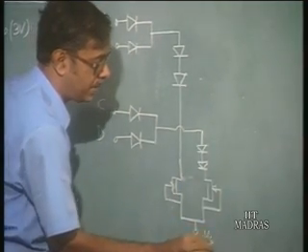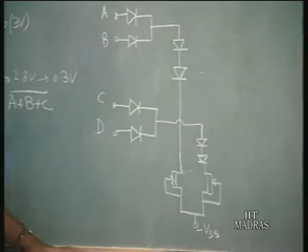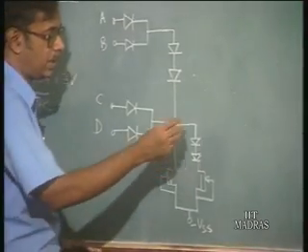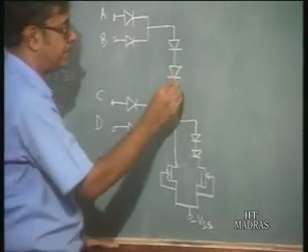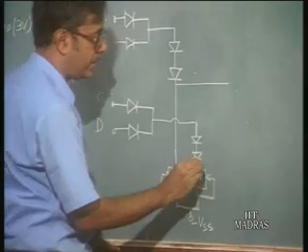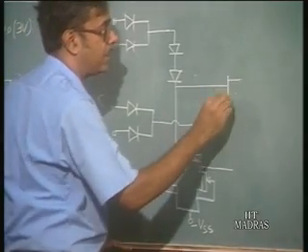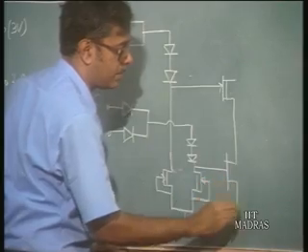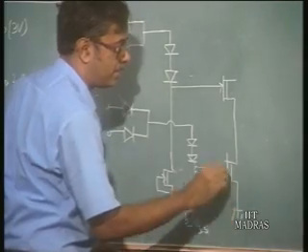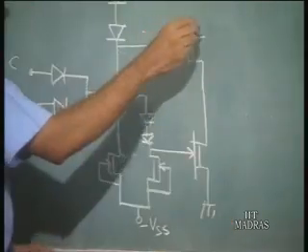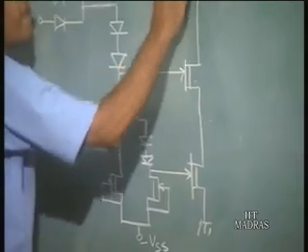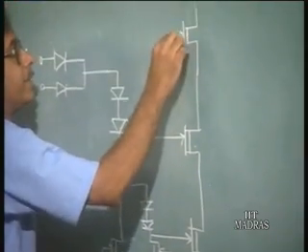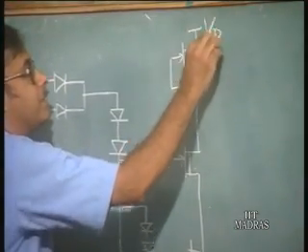This is minus VSS, and so this point and these points, they actually go to the input of this section. So, this is like a NAND configuration. So, here again you have the load transistor.